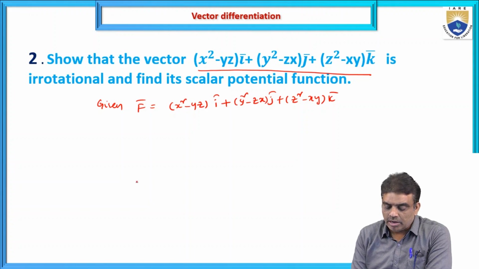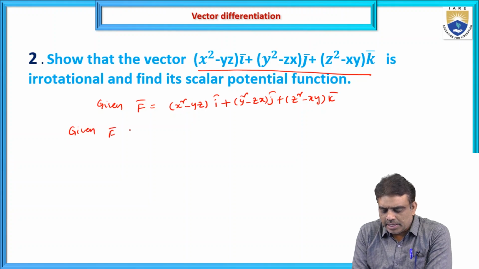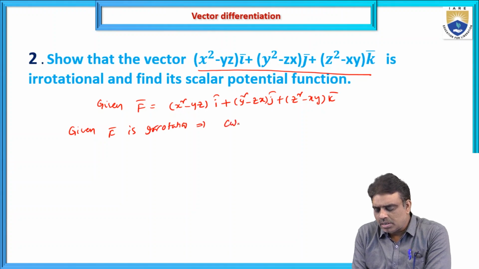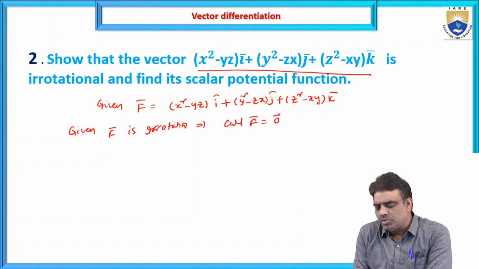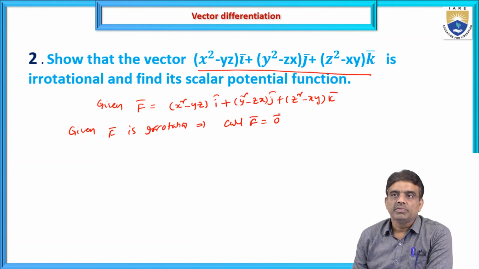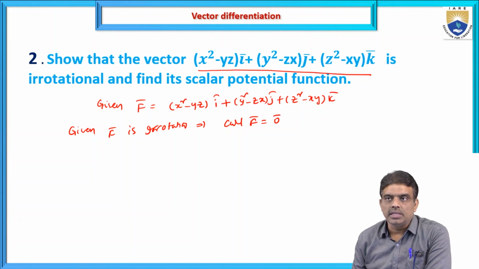This is the given vector point function f bar. Given f bar is irrotational. Irrotational means curl f bar is equal to 0 bar. When f bar is irrotational, then curl f bar is equal to 0 bar.